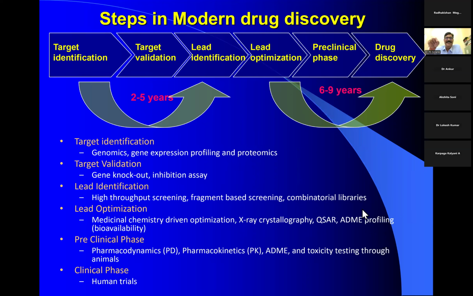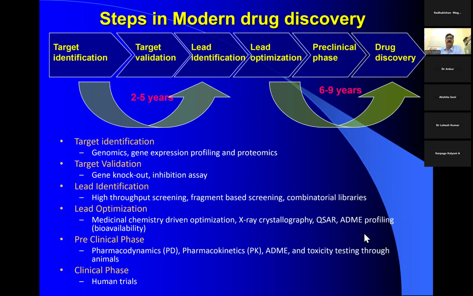That is similar to ADME. And comprehensive ADME toxicity testing is carried out primarily using animal models to establish a safe starting dose for humans. Before we go to humans, we test on model animals.